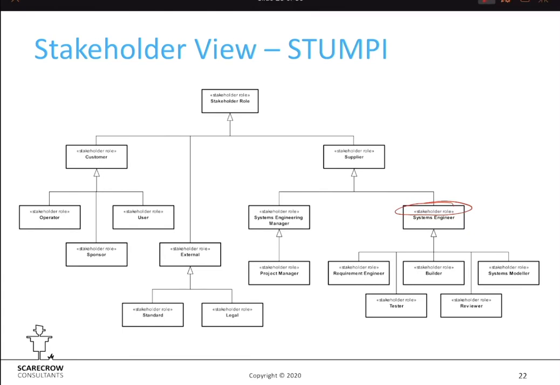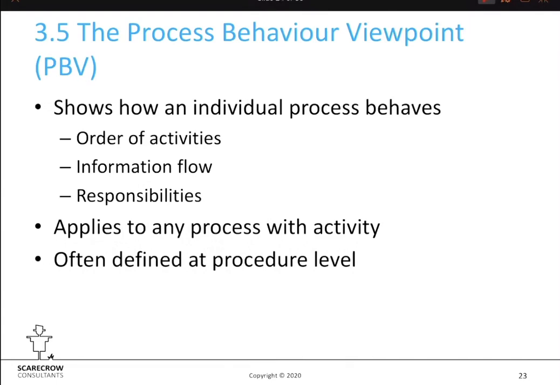External tend to be things like standards and legislation. The supplier is your side of the process. The customer side is people outside your organisation or outside your business unit that are essentially customers for the outputs of the process, or external stakeholders that have got to supply inputs to the process.